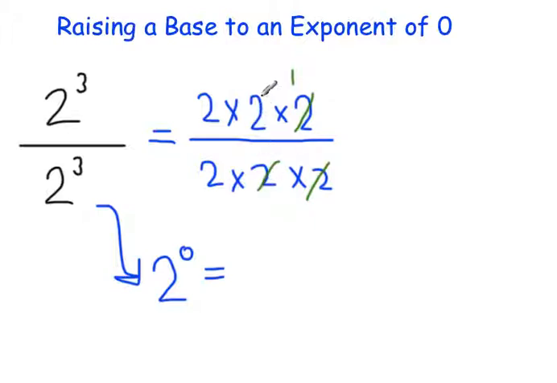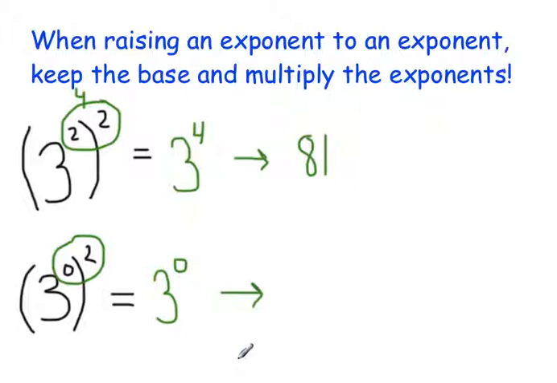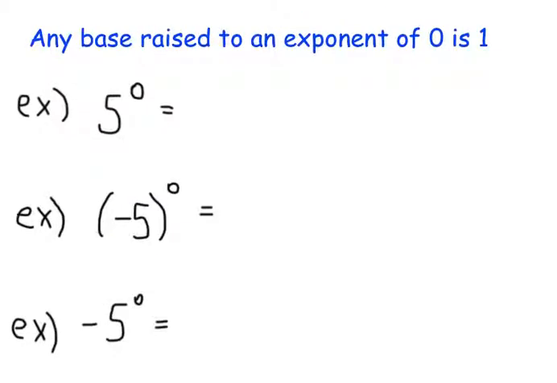This 2 cancels with this 2, resulting in 1. And these two 2's cancel together, also resulting in 1. Remember, there are multiplication signs, and 1 times 1 times 1 is 1. Because these are equivalent, 2 to the 0 power is 1. Therefore, going back to our previous example, 3 raised to the 0 power is 1.